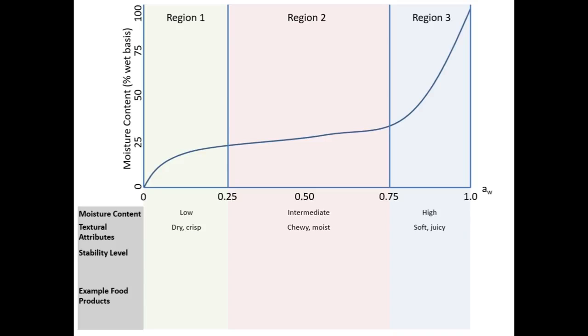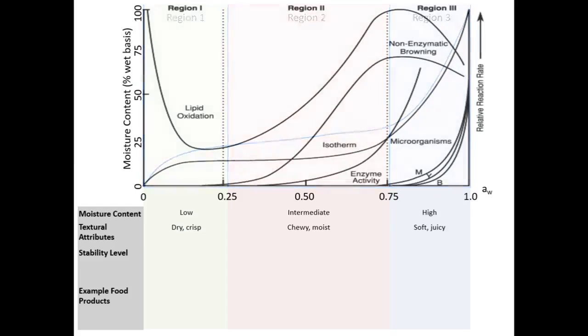Food stability also differs between water activity regions. We can gain insight into differences in food stability by using the isotherm as a template for a map of sorts. Many reactions and microorganisms that affect the quality and stability of foods have water activity dependent reaction rates.